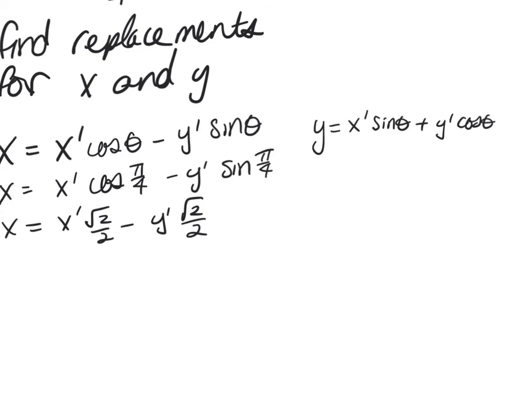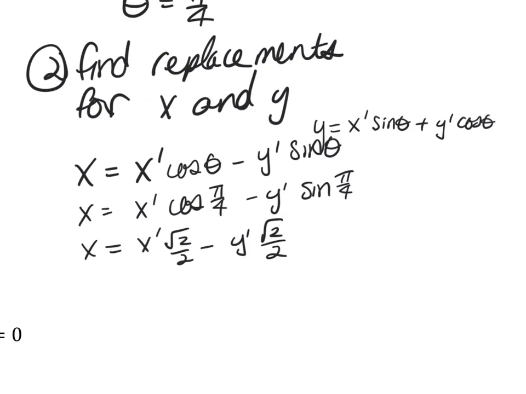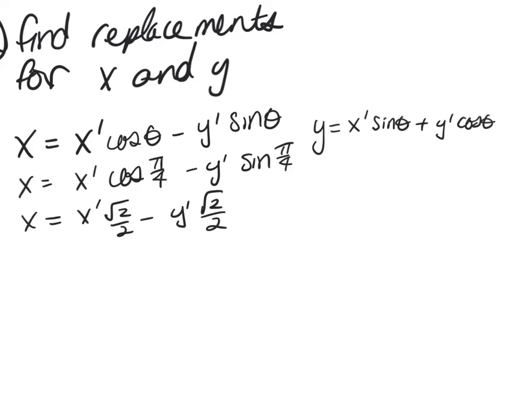Is that right? Wait, that's the wrong one. I'm sorry, it's not negative. Is it y equals x prime sine theta plus y prime cosine theta? I'm just going to stop.